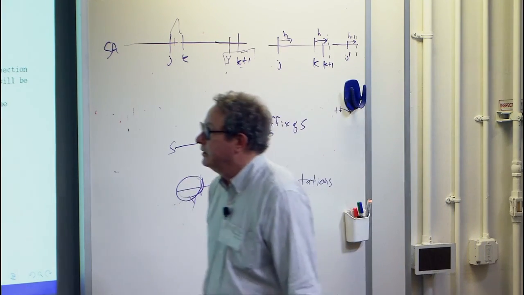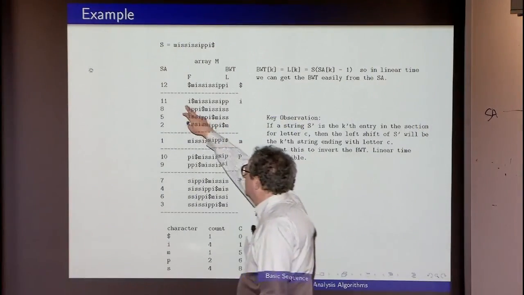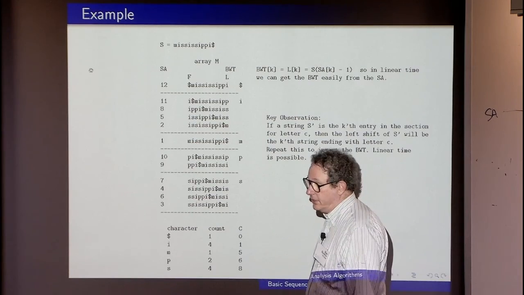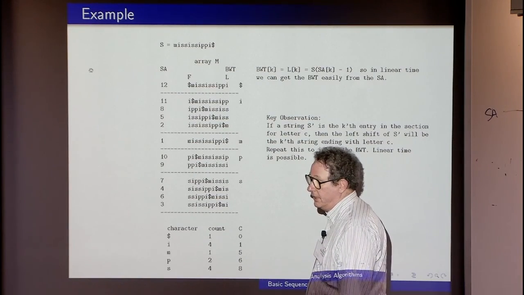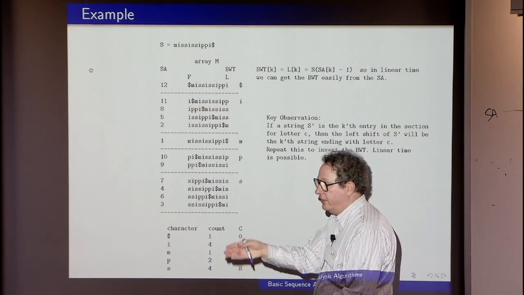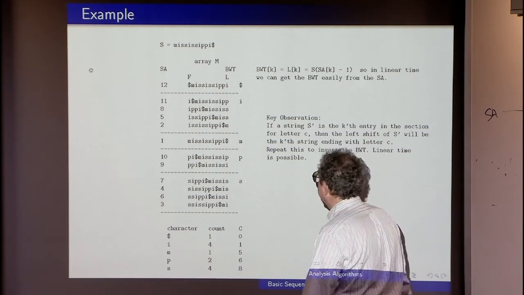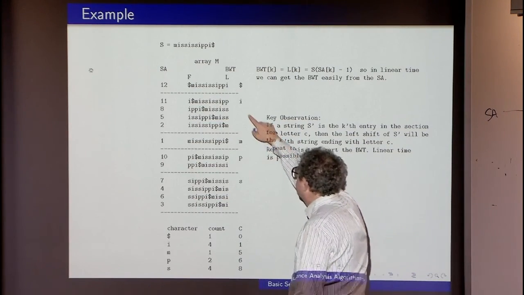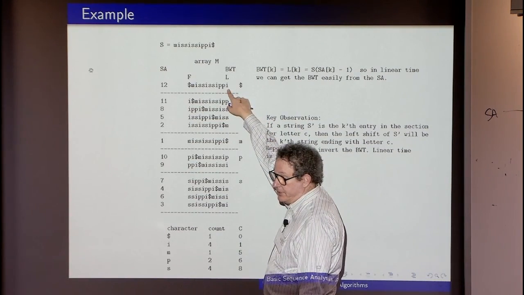So this is at position 12. The first suffix is at position 12. So that starts at position 12. The character just before it is at position 11, and that's I. Well, there it is in the last position.